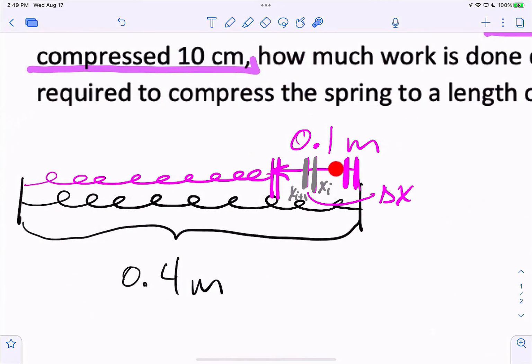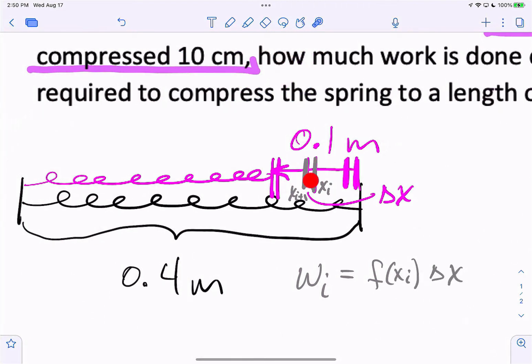Because in my mind, this is getting bigger as we go to the left, because that's the distance that the spring is being compressed. Anyway, the incremental work done in moving the spring from that x sub I to x sub I plus 1, if delta x is small enough, is really f of x sub I times delta x, right?